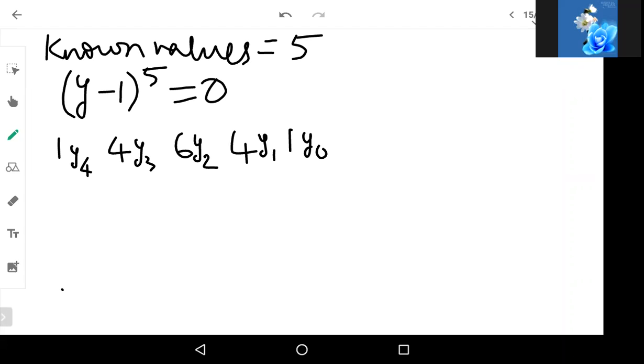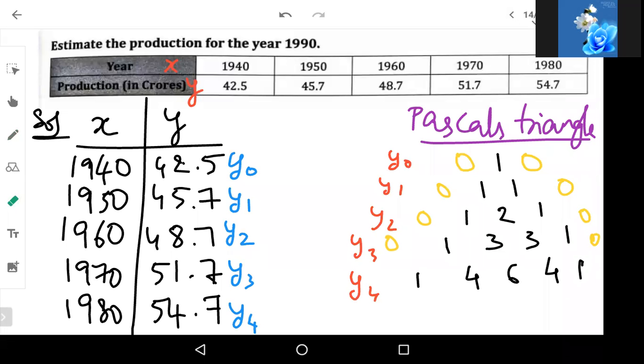Wait. No, no, no, no. Since we have 5 values, we have to do 5, 5. That is the major point in this problem. I forgot to say that. Now, we know there are 5 known values here, but we are supposed to find out 1990, right?